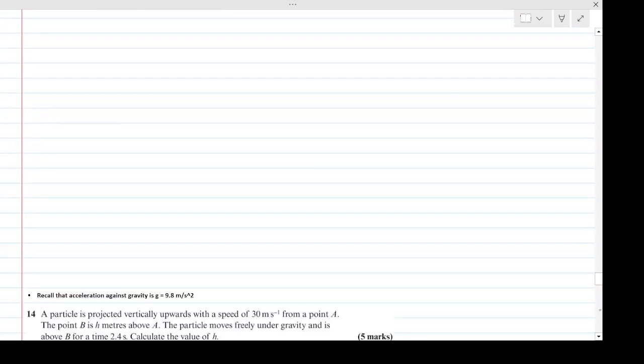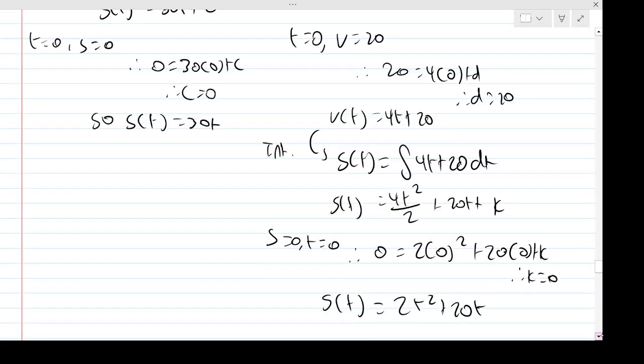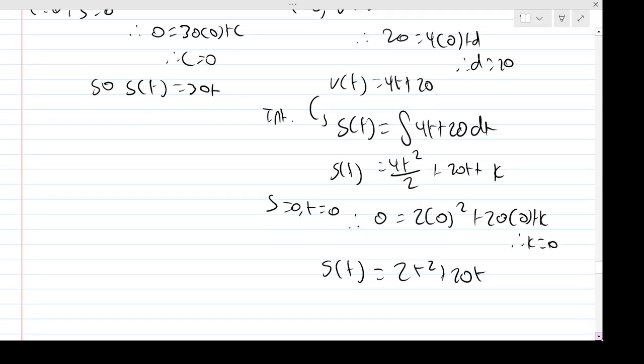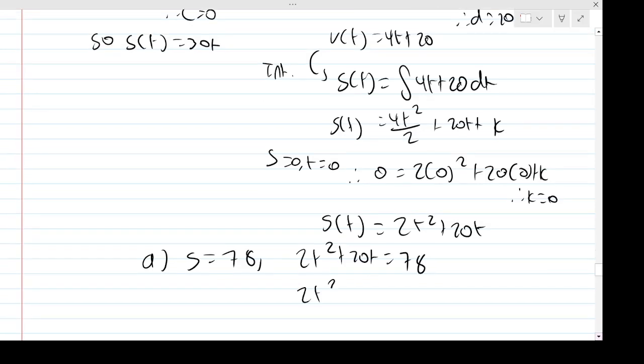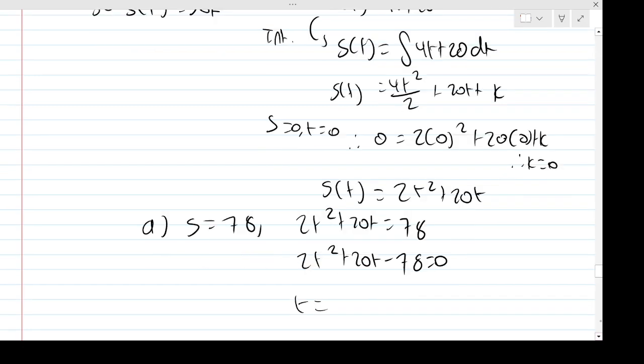So for part A, if S is 78, then that means 2t squared plus 20t equals 78. Therefore, 2t squared plus 20t minus 78 equals 0. So if I solve for t, I get minus 20 plus or minus the root of 20 squared minus 4 lots of 2 lots of minus 78, over 2 lots of 2.